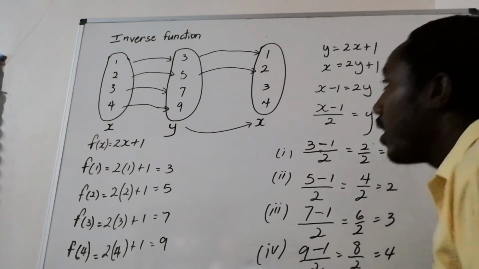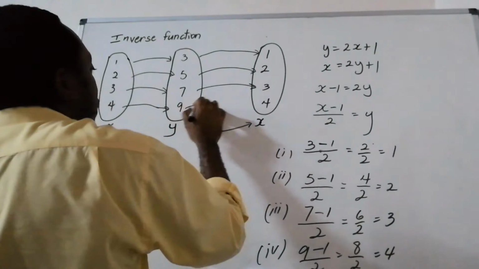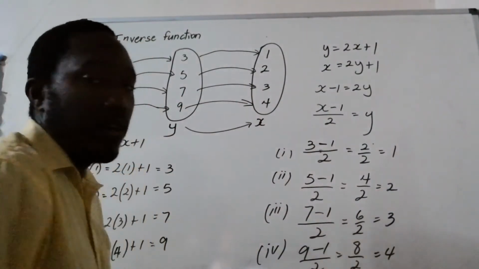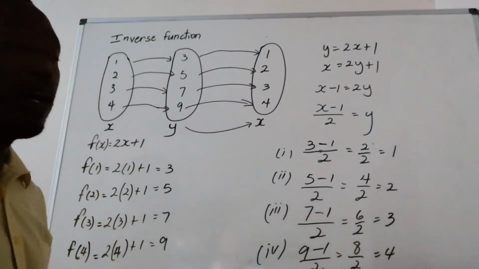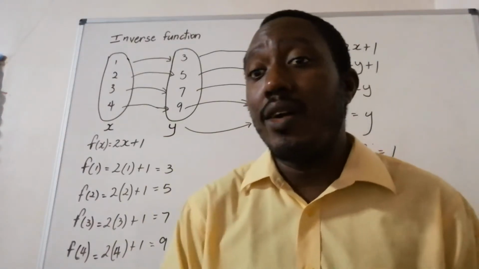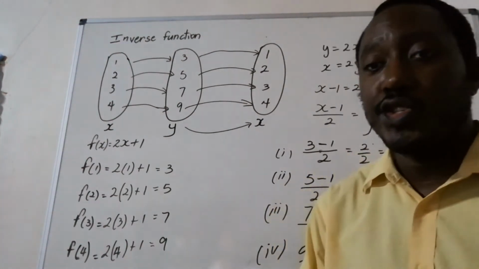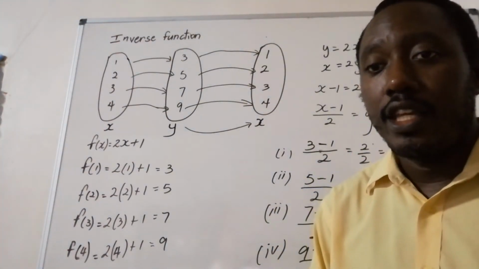So you see, all of our x values, we're able to obtain them from our y values by using our inverse function. Now, one way of applying the inverse function is to help us to solve equations.